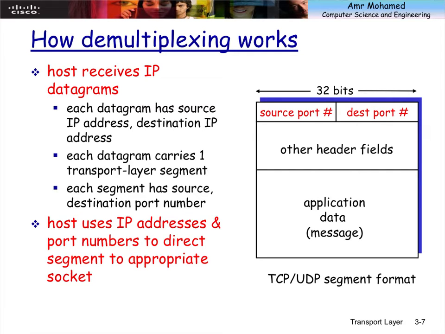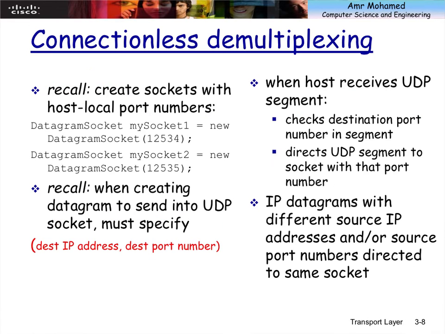Okay, so what is the difference between multiplexing and demultiplexing for the case of connection-oriented and connectionless? What is the difference for TCP versus UDP? As we said, we have two types of sockets. We have the datagram socket. For the datagram socket, we initialize the socket by the destination port number only.